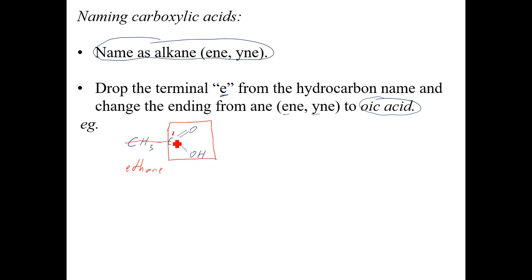The carbon that has the double bonded oxygen and the hydroxyl group, that is our carbon number 1. It's not going to make a difference for this example, but it will for future ones. So what we're going to do is drop this final E, and we're just going to add oic acid. So this becomes ethanoic acid, which is simply vinegar.